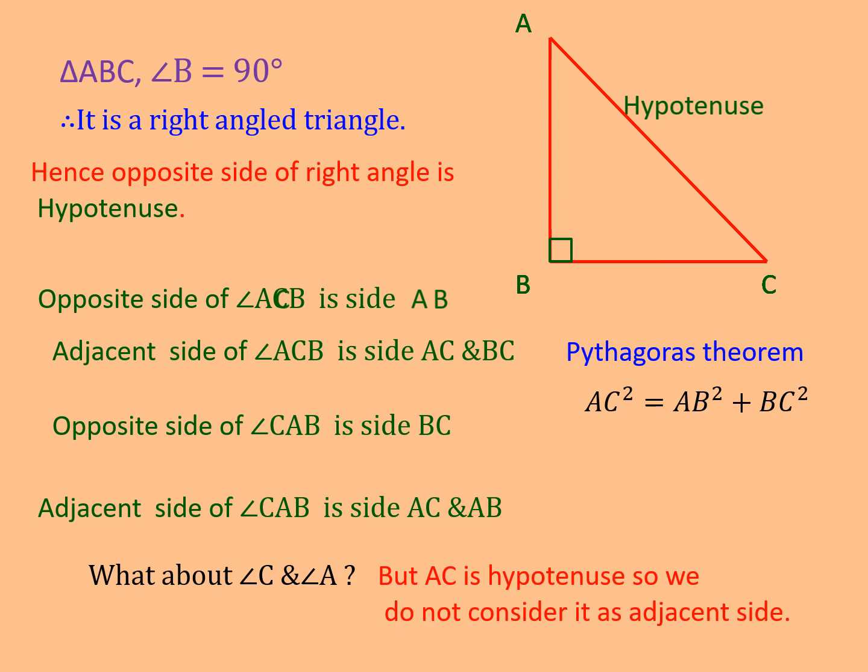Since AC is the hypotenuse, we will get AC square equals AB square plus BC square. Why? Because AB and BC are forming the right angle. So your Pythagoras theorem, as you know, says the square of the hypotenuse is equal to the sum of the squares of the sides forming the right angle.